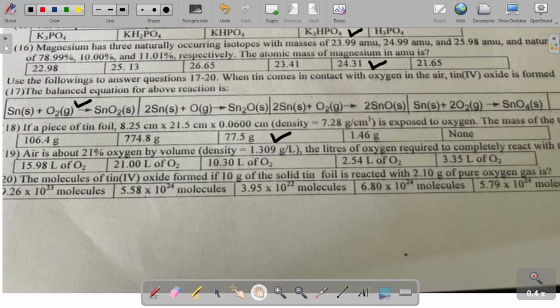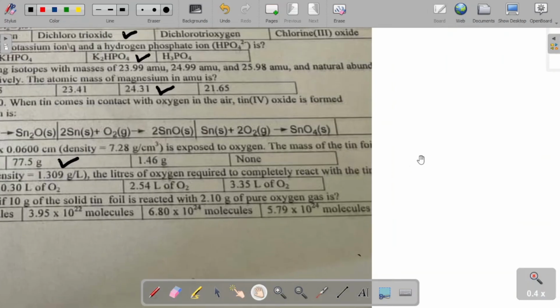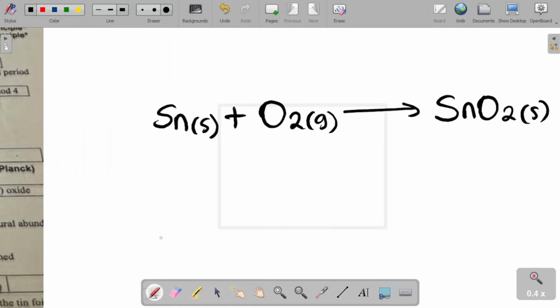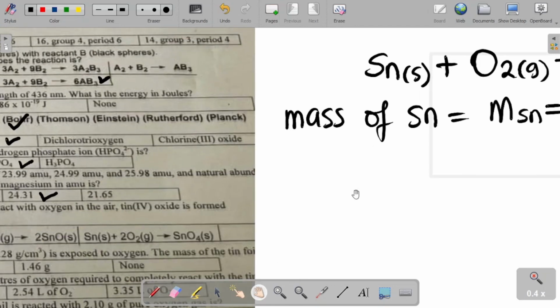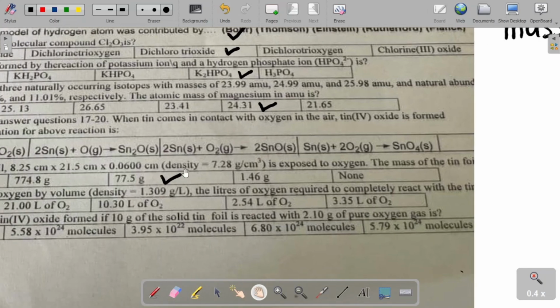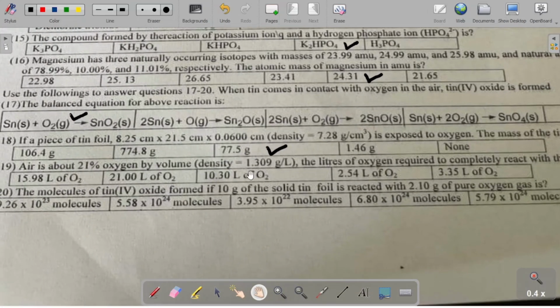So before we solve 19, let's take out what we've been given. First things first, we already have the mass of tin, Sn. Let's call this mass of Sn. We got the value as 77.5 grams. Also, they give us the density here as 1.309.